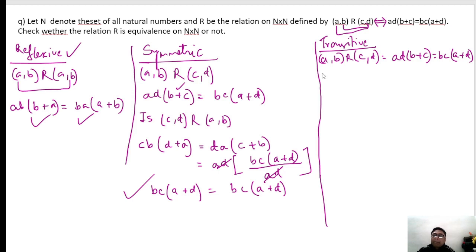Similarly, CD R EF. How will I write? CF(D plus E) equal to DE(C plus F).